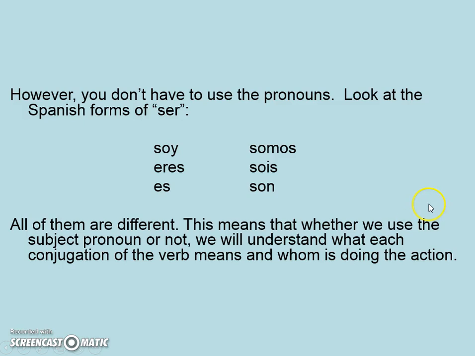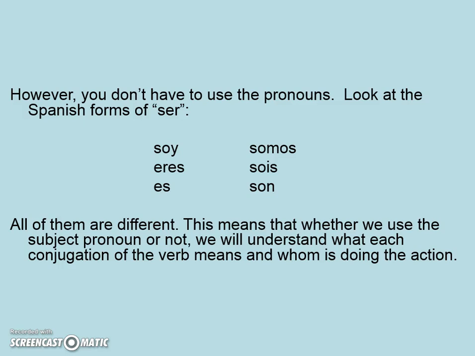Now, if you want to put it, you could either say soy or you could say yo soy. Both mean I am. Spanish is a pro-drop language, which means that we can drop the pronoun and we still can get our point across. English is not a pro-drop language. So if you would say am, no one would know what the heck you meant.